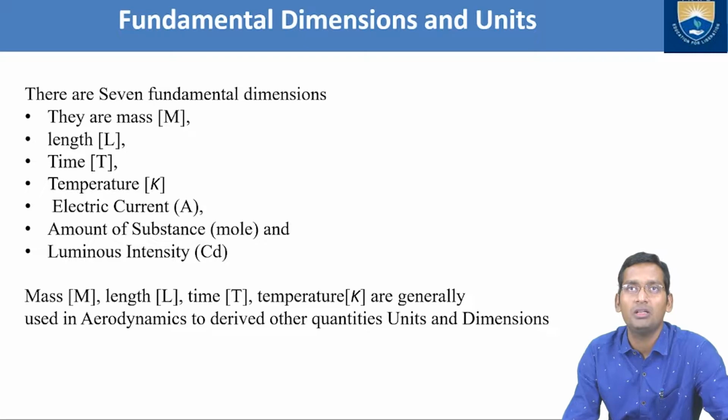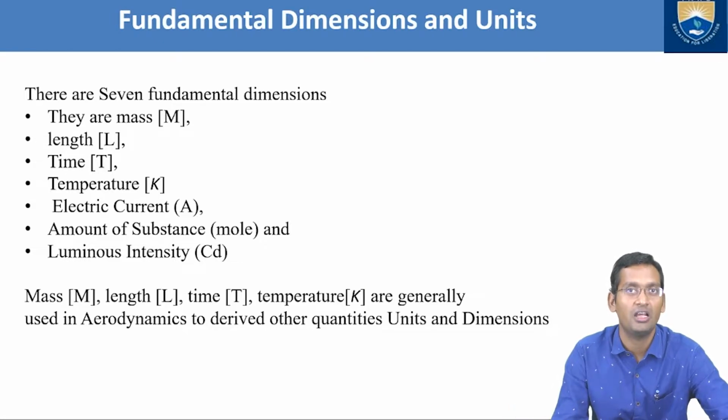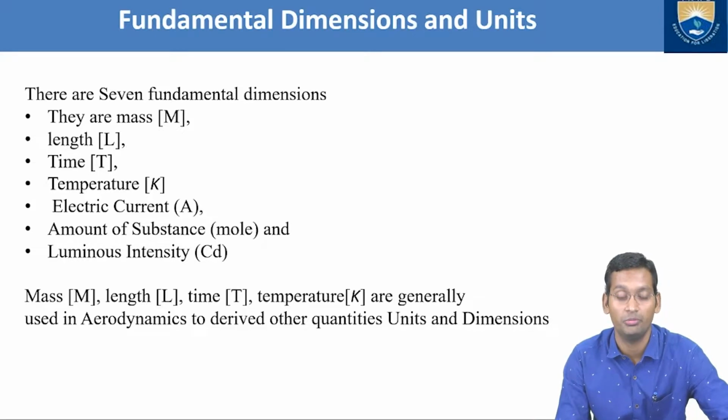Now come to the fundamental dimensions and units. Fundamental means the very basic from which we can derive the other things. So there are 7 fundamental dimensions. First one is mass, then length, time, temperature, electric current, amount of substance which is represented by mole, then luminous intensity, that is represented by cd, candela.